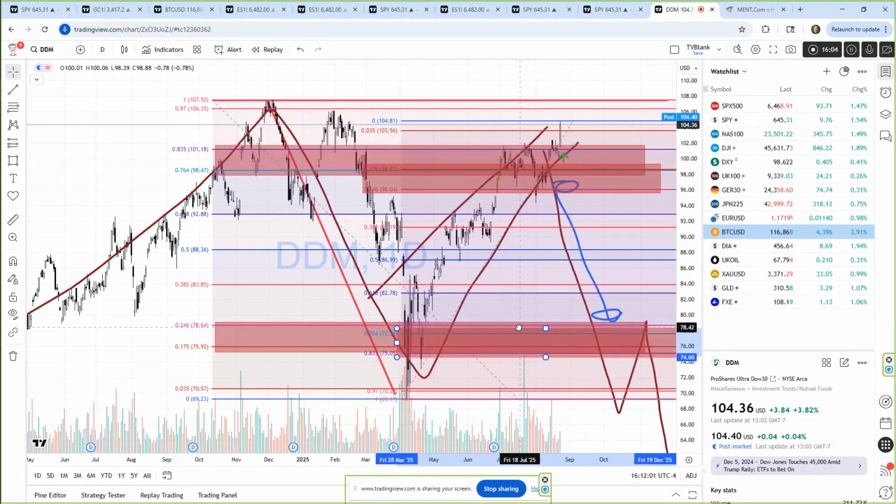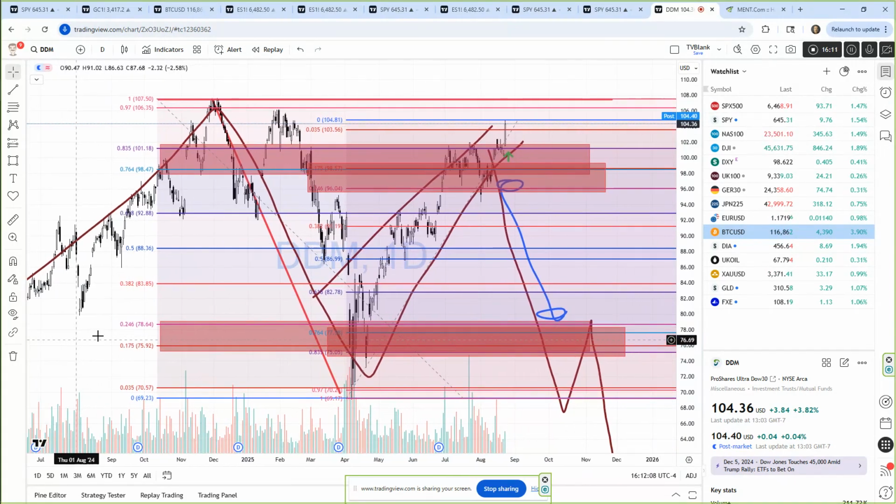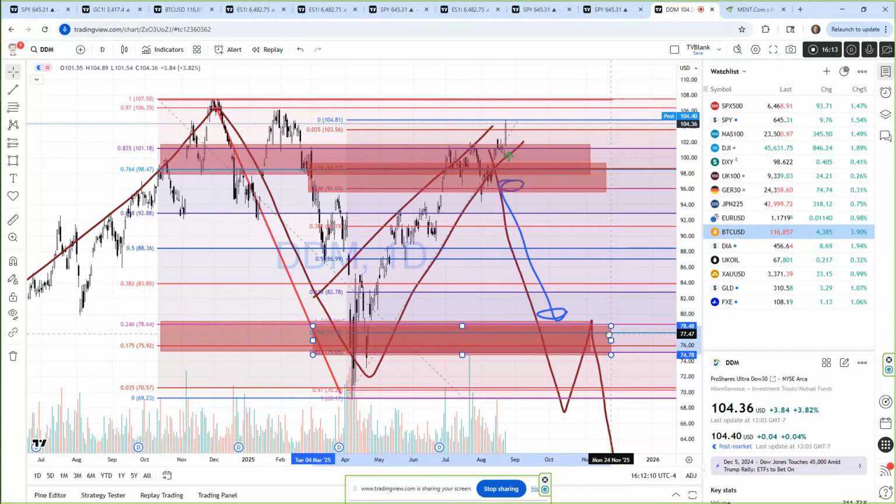So we're getting similar defense levels. The support and resistance levels are still playing out very similar, so we don't have to really stress about it. We know where price is going to find support, where it's going to find resistance.